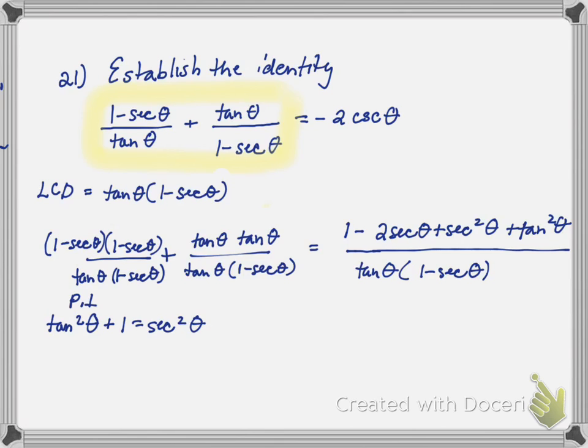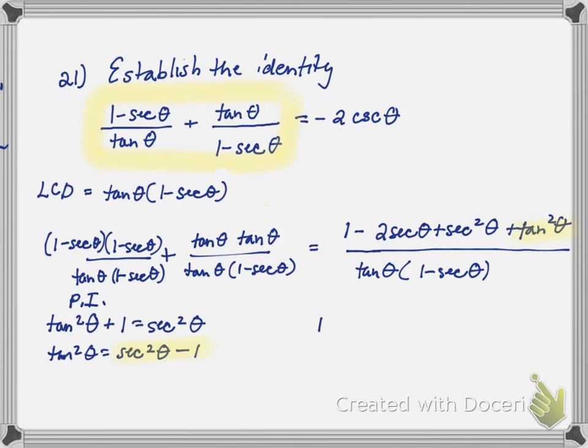That is a Pythagorean identity. If I manipulate it and get tangent squared theta by itself, I get secant squared theta minus 1. So I'm going to use this substitution. Wherever I see tangent squared theta, I am going to write secant squared theta minus 1.